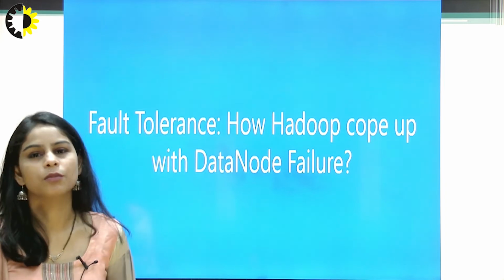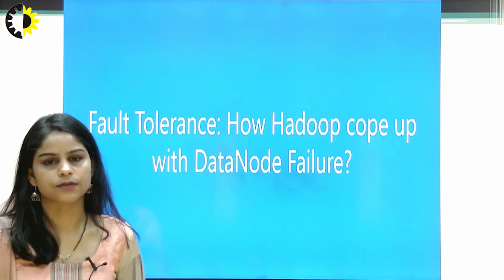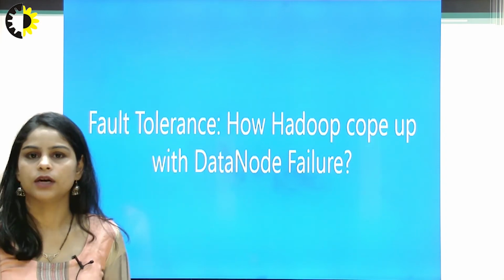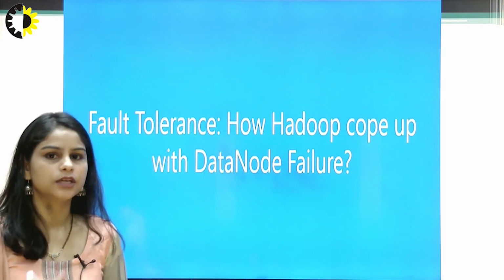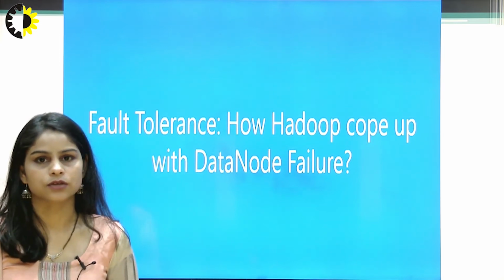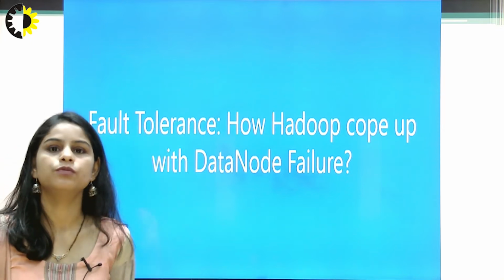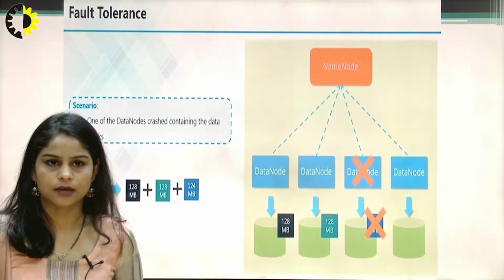They are just commodity hardware, not high cost. So there are chances of them being corrupted or failing. What happens when any of the data nodes in the Hadoop architecture fails? Definitely Hadoop has to apply some fault tolerance policies. So let us understand that.